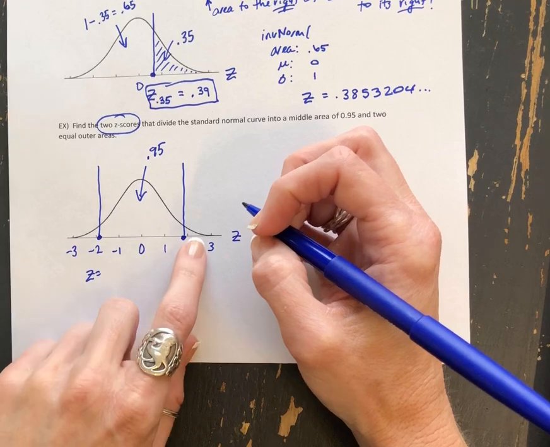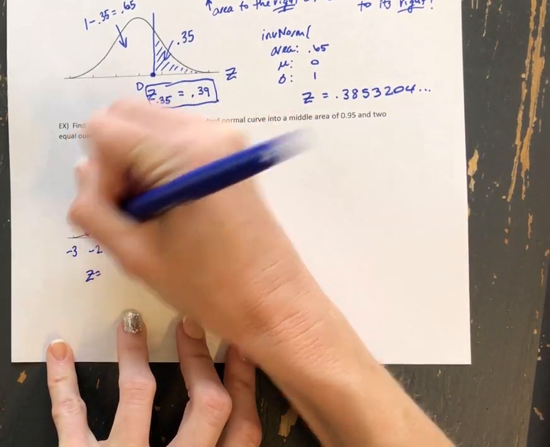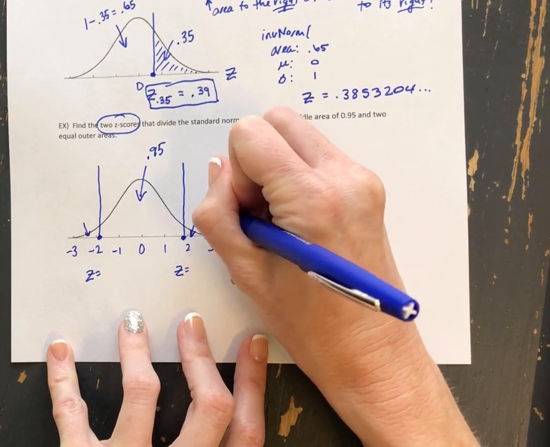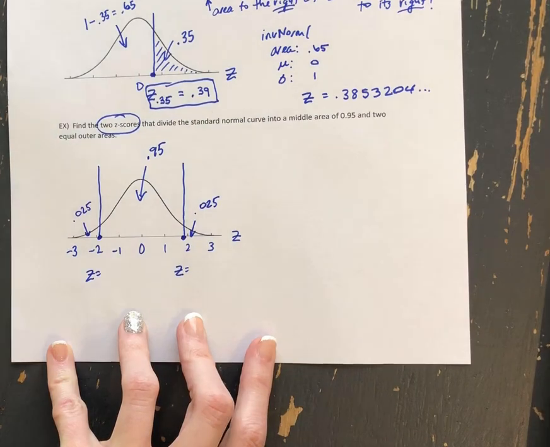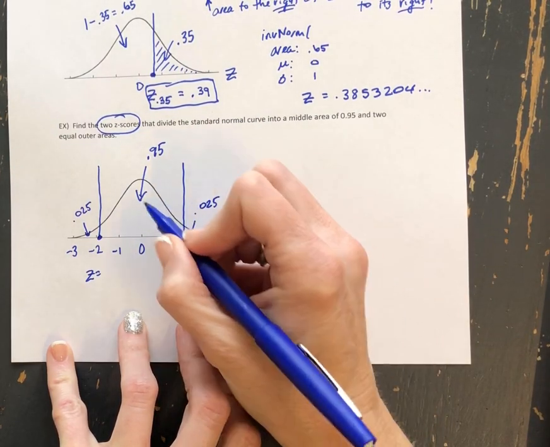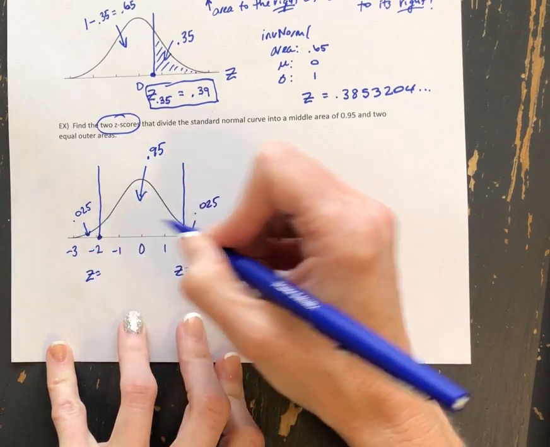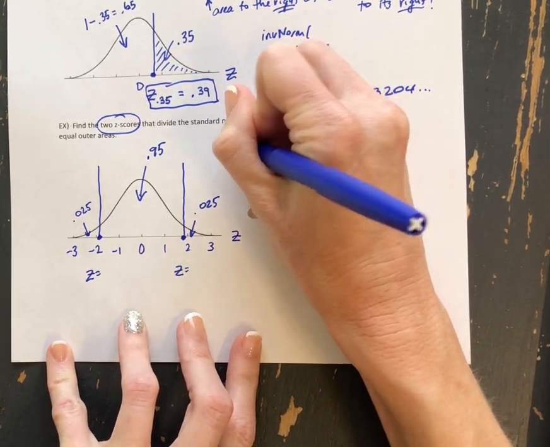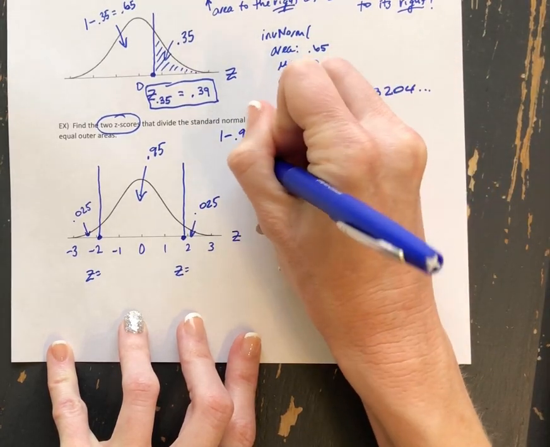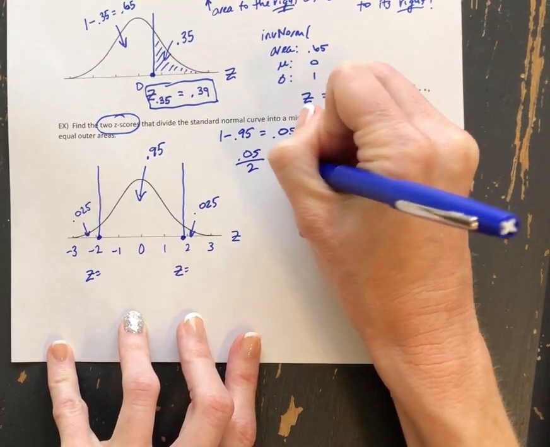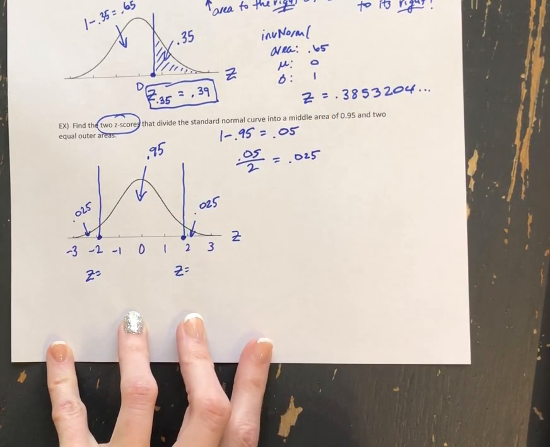That means there's still another 5% left over, and we need to split that 5% up into 2.5%. So the area is 0.95 in the middle and 0.025 in each tail. So all we did was we found the area that was left over, and then we divided that area by 2 to get the 2 tails.